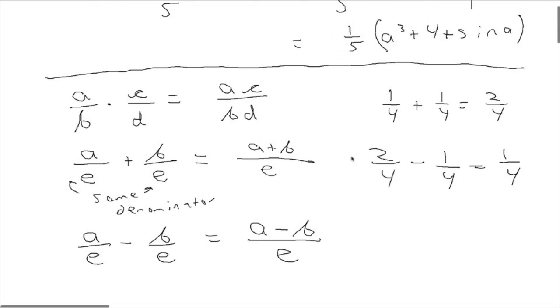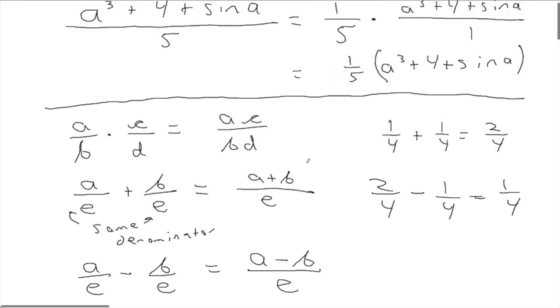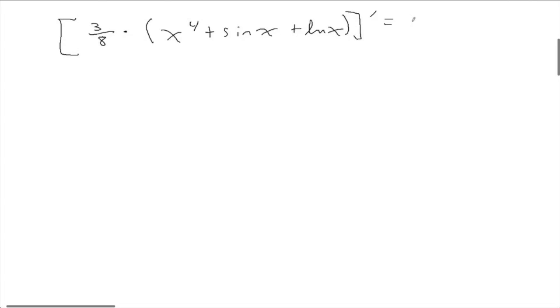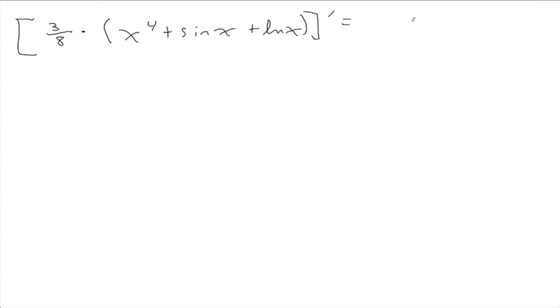Okay, so these are some algebra skills that might be helpful to us in checking our work as we go along. Let's say we're trying to work out this derivative. How could we approach this?